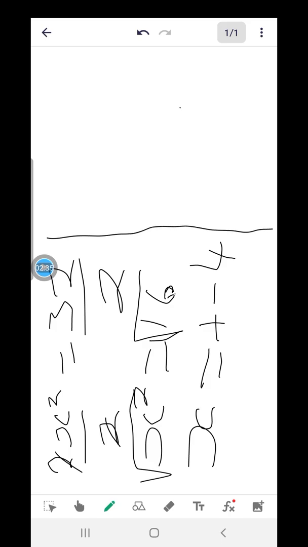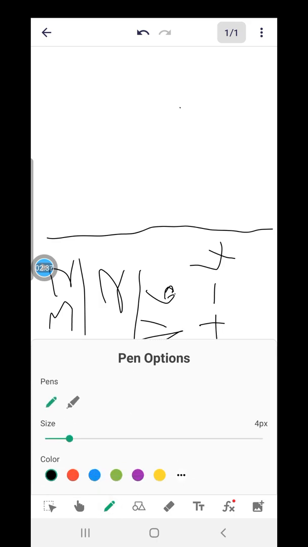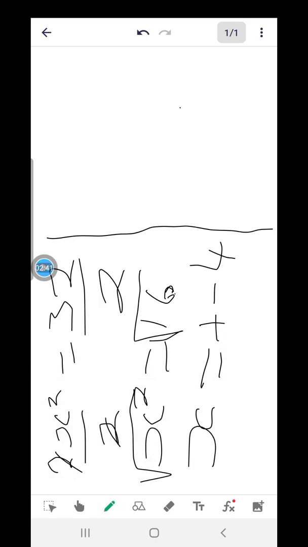On the second step, I'm going to use a red pen. So we've got x squared equal to 16.